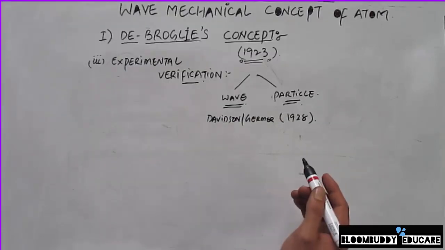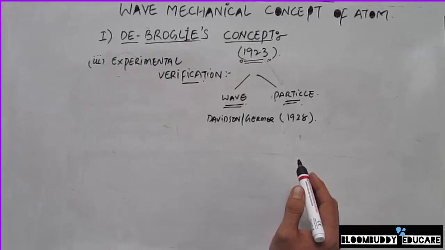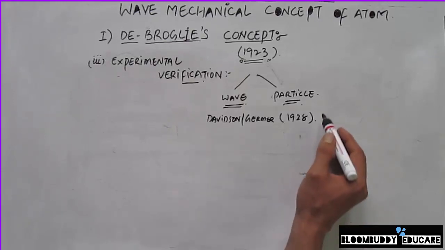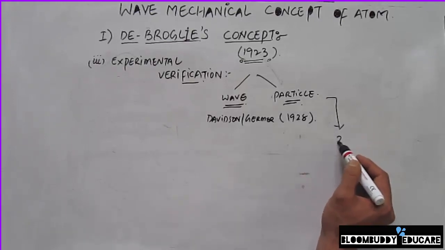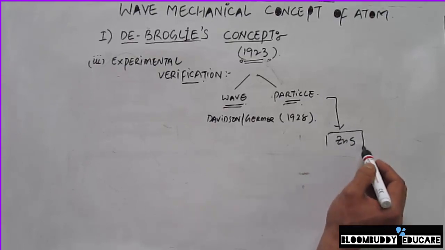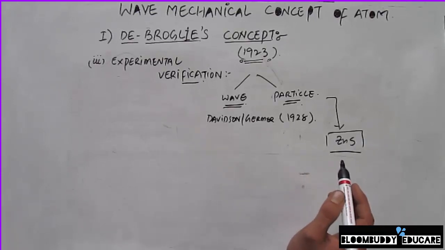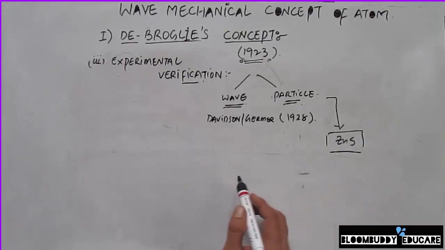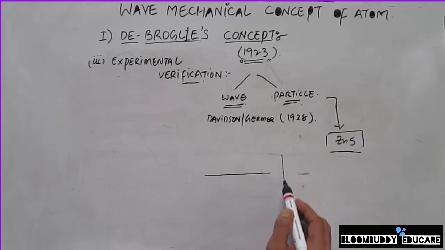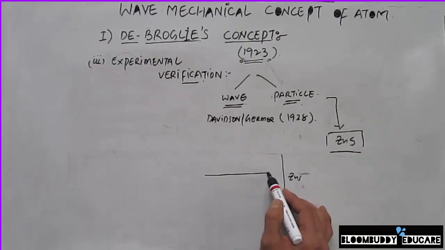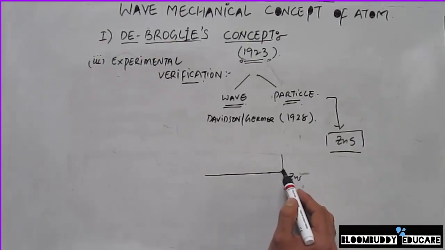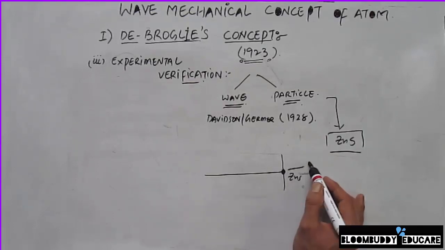The particle nature of electron becomes evident when an electron strikes a zinc sulfide screen. If we use a zinc sulfide screen, we can clearly say that the electron has a particle nature, because in case of a zinc screen, when the light falls on it, it leads to the formation of a localized spot.